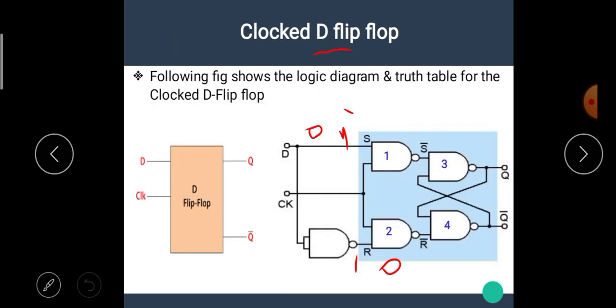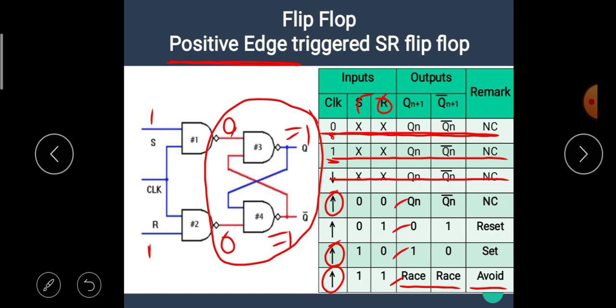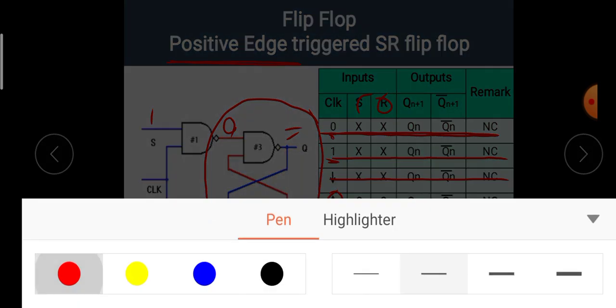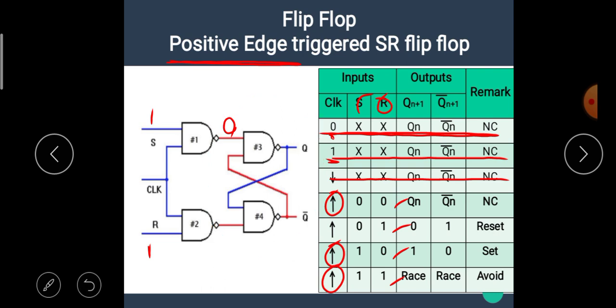For that purpose, the D flip flop is obtained by connecting a NOT gate here. That means if S has the value 1, R has the value 0.